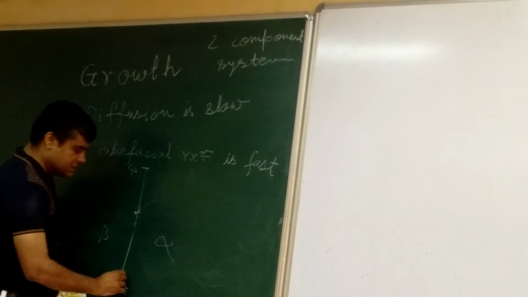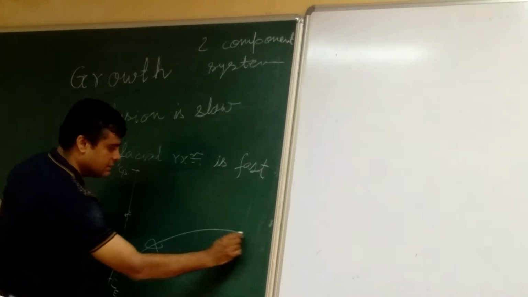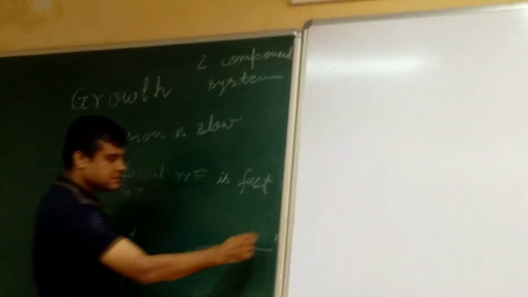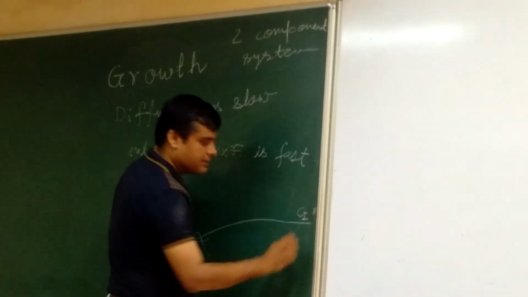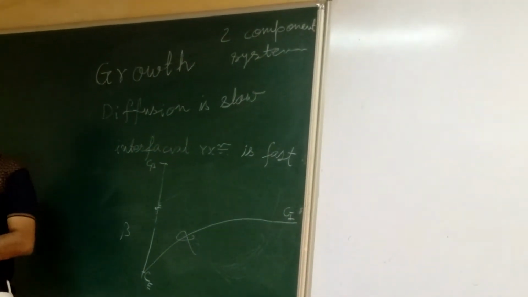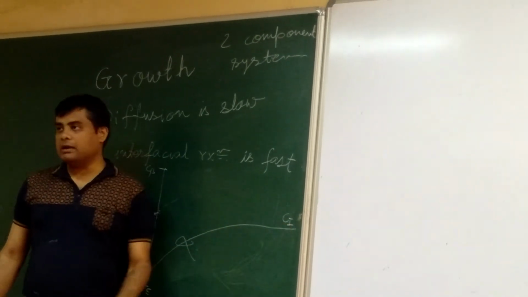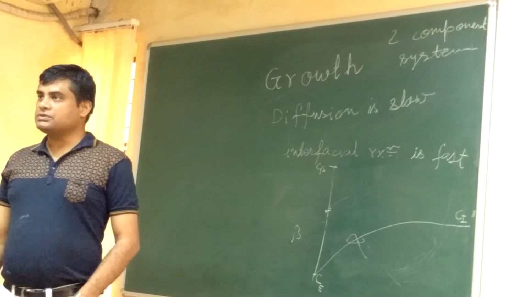So a concentration gradient forms. Initially, far away, it will be Ci, that is the initial composition of the alloy that is quenched to that temperature. So Ci.